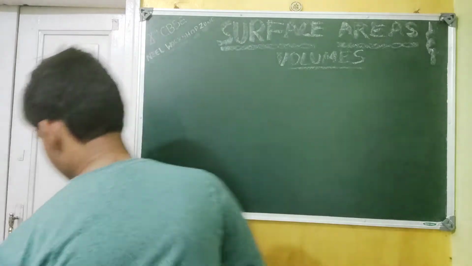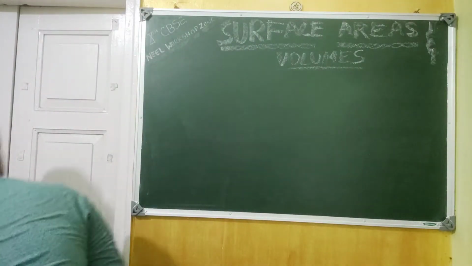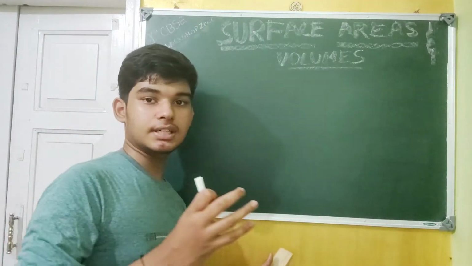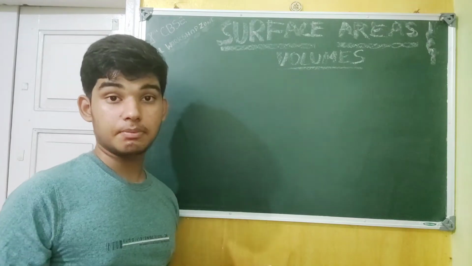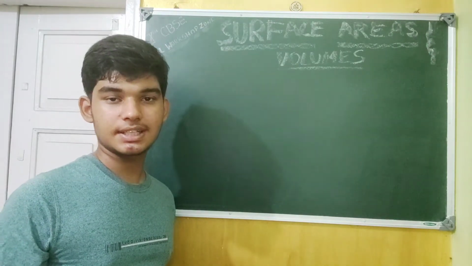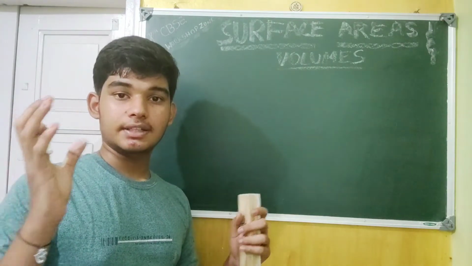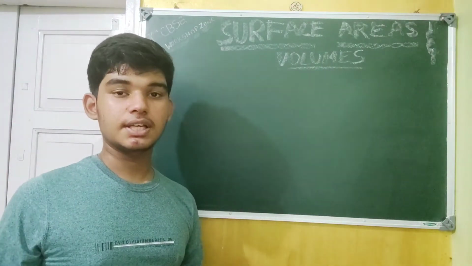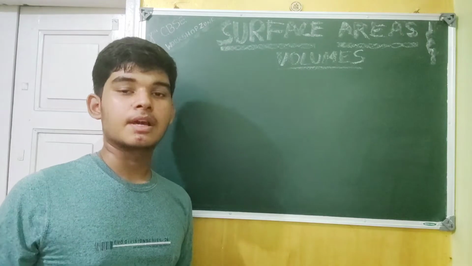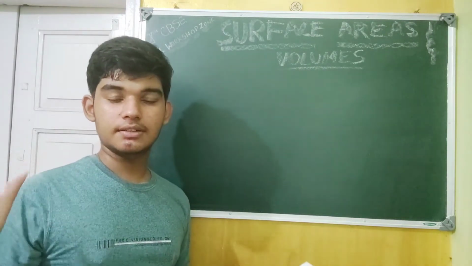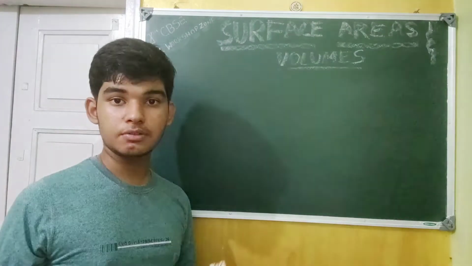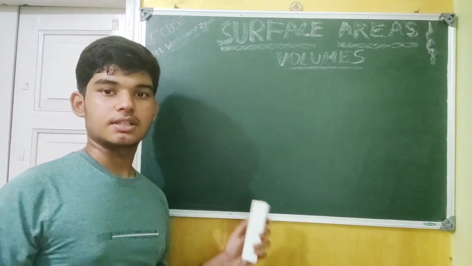Since this sphere is round in shape and does not have any edges or vertices, the total surface area and the curved surface area, or lateral surface area, are both the same because the shape is three-dimensionally round, so it makes sense.